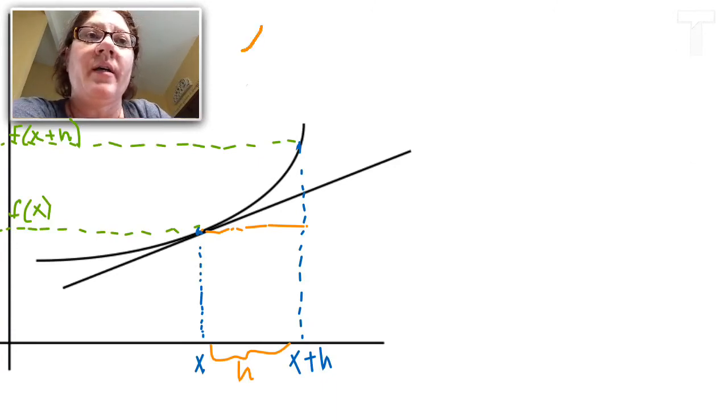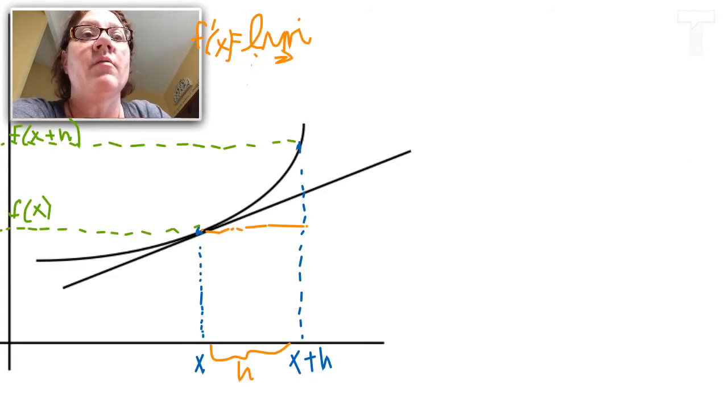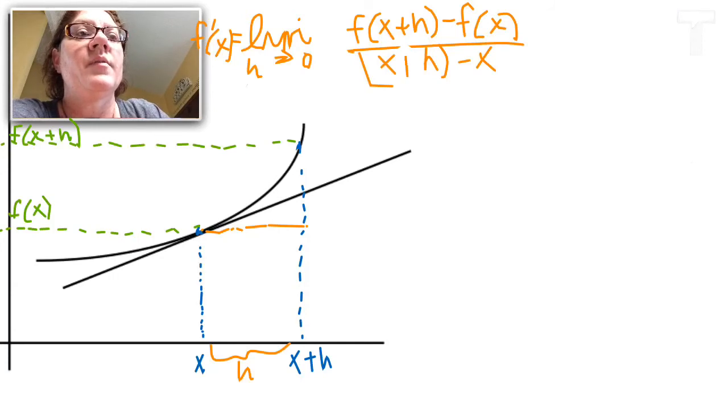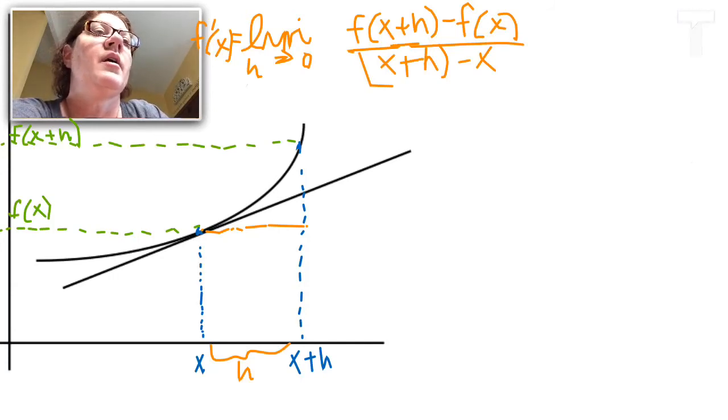So keep in mind that when we were finding f prime of x, it was equal to the limit as h approaches 0 of our slope formula, which was take the y values and subtract them, and take the x values and subtract them, and of course the bottom ends up simplifying and just giving us h.